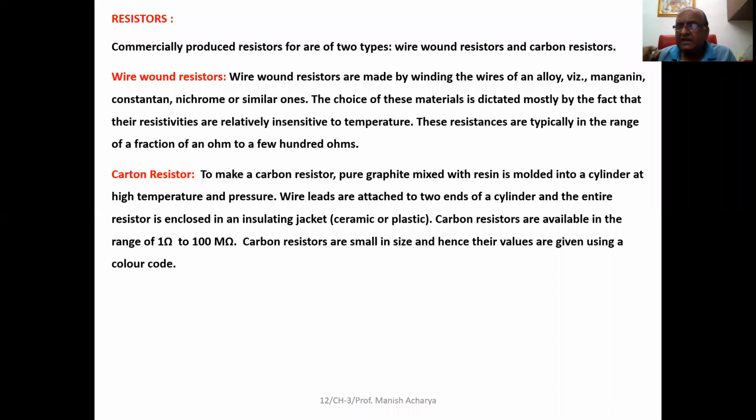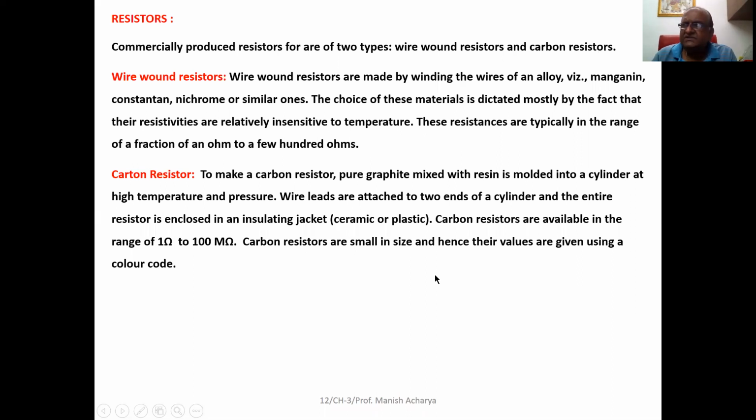And they are made with the help of a proper mixture of pure graphite and resin, and then that mixture is molded in the form of a very small cylinder, and then at the ends of the cylinder two metallic leads are attached, so we can easily connect it in any circuit. Clear to all of you?